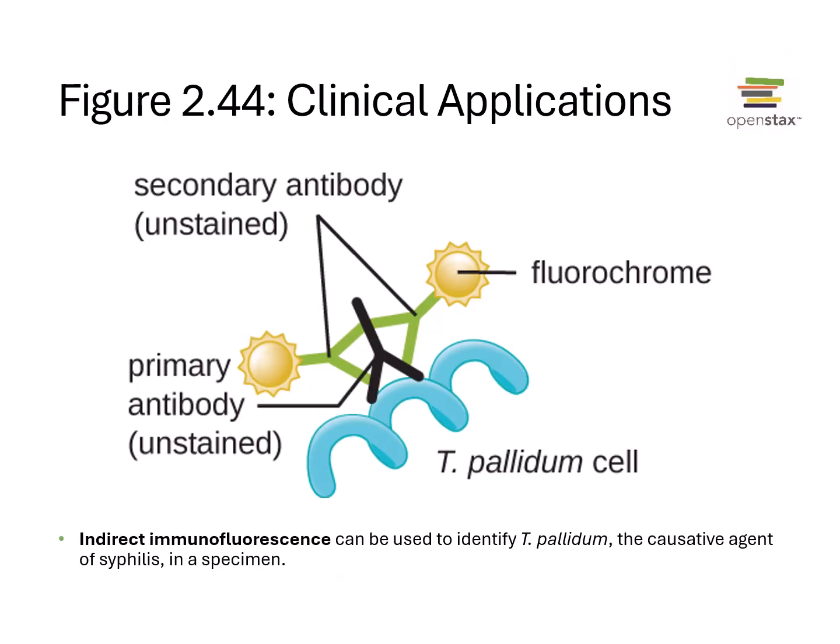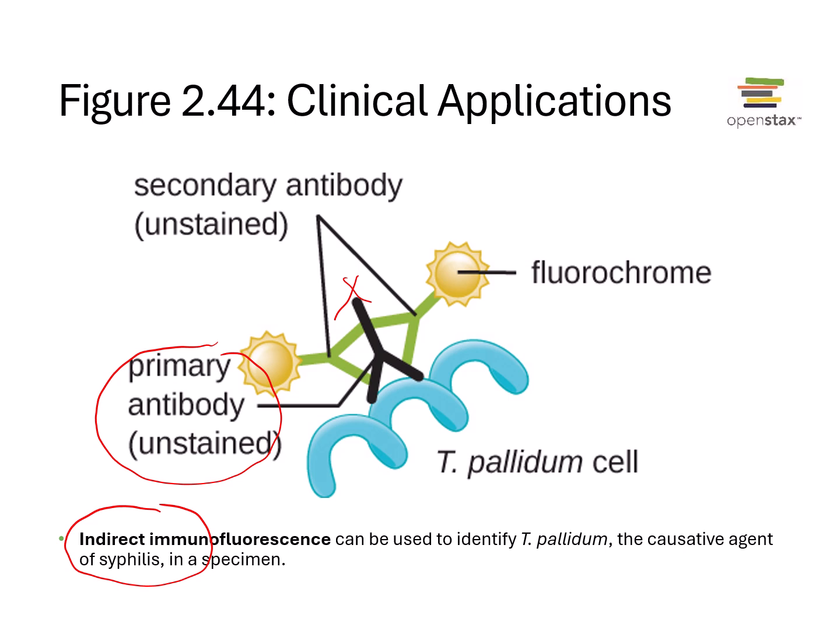In clinical settings, indirect immunofluorescence is often used to identify if that bacterium is present or not. Remember, for indirect immunofluorescence, the primary antibody does not have a label. There's no fluorochrome attached to that primary antibody.